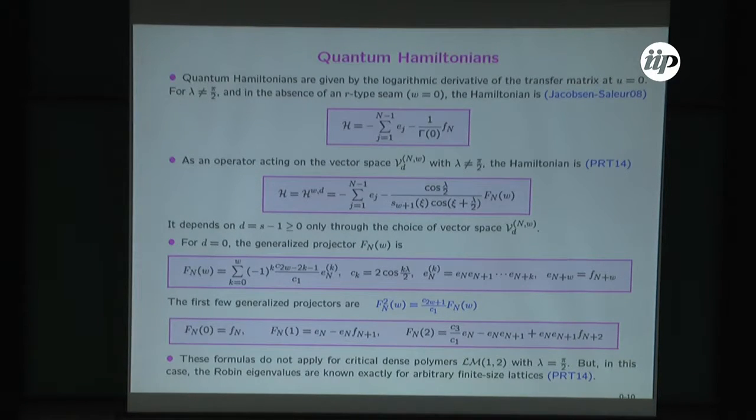They are generalized Temperley-Lieb projectors, or Wenzl-Jones projectors if you prefer. So these have very nice properties, and the c's here are again just trigonometric functions, but now of lambda, and by convention, when you see an e_{n+W}, which is at the very last position, that's identified with the generator f_{n+W}.